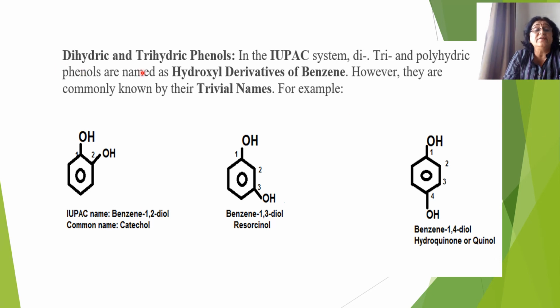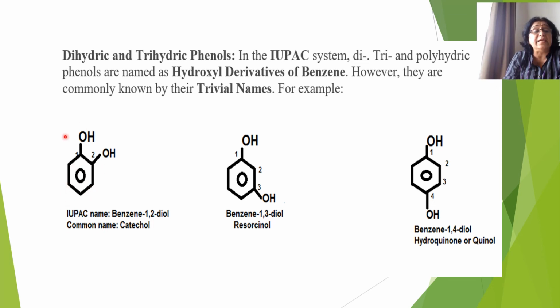Okay, now dihydric phenols and trihydric phenols. In the IUPAC system, di-, tri-, and polyhydric phenols are named as hydroxy derivatives of benzene. However, they are mostly known by their trivial names. So here, the IUPAC name of this one will be what? Benzene-1,2-diol.